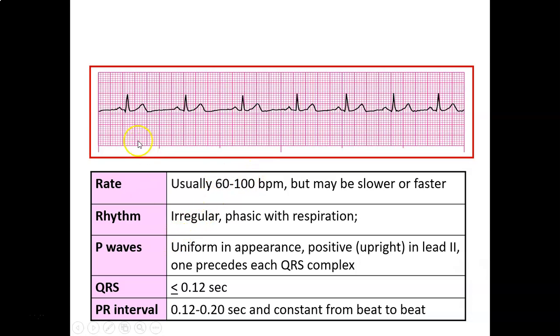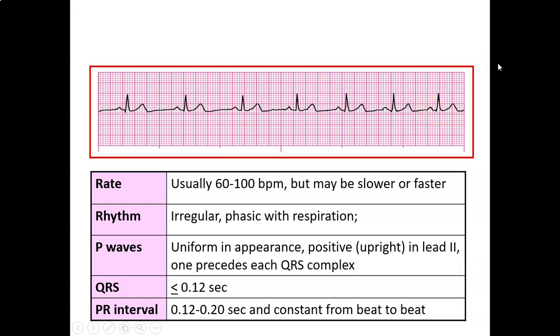P waves, yes, there are P waves, and each P wave is followed by the QRS complex. QRS duration is normal, and PR interval is also normal, less than one big box. So in this example, everything is normal, P wave followed by the QRS complex and T, with the normal heart rate, but rhythm is slightly irregular.